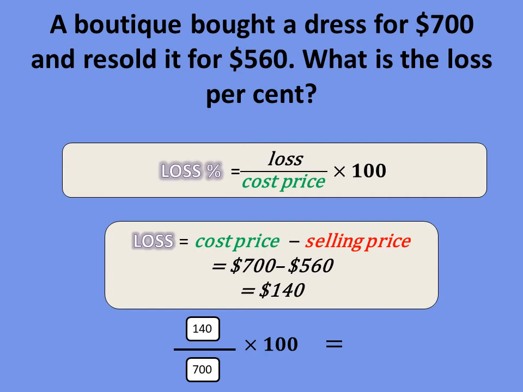Press your equal sign. That answer that you get, you multiply that by 100 and you're supposed to get 20%. All right, so the loss is 20%. Very good. Let's do a second example.